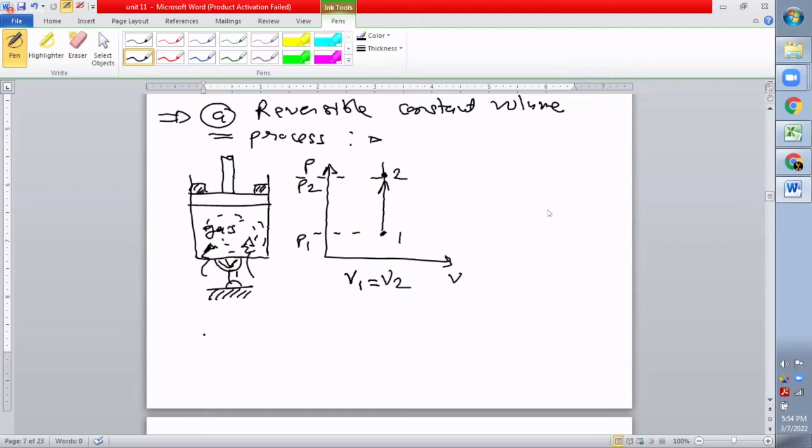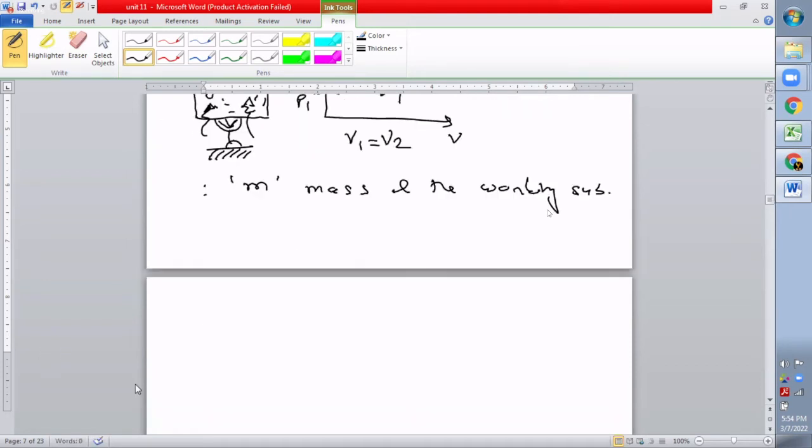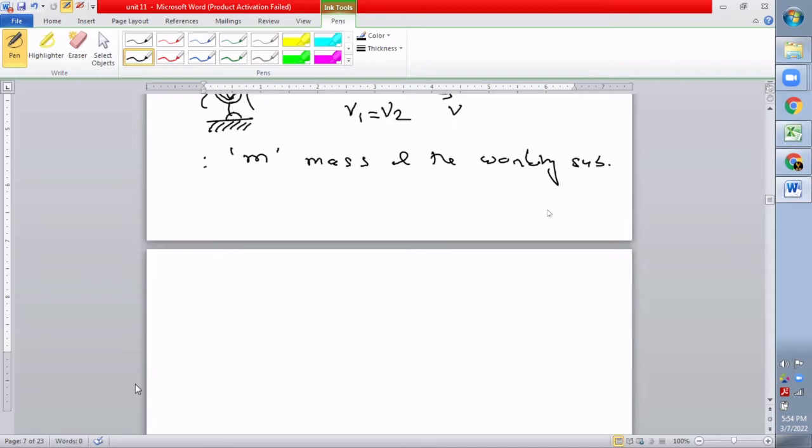So if you consider m as the mass of the working substance, then the application of the first law is Q is equal to U2 minus U1 plus W. This is our equation number 1.